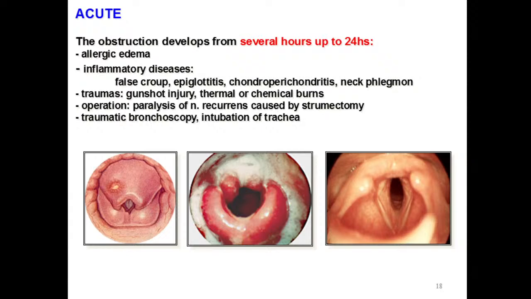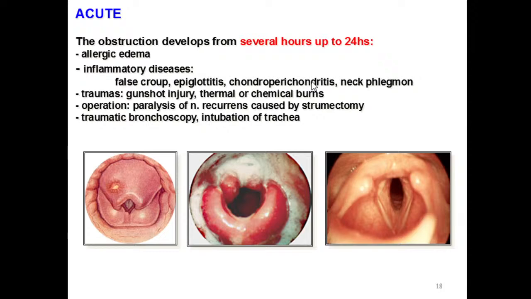The doctor examined him, saw nothing interesting, and this patient went home. After a few hours, he returned to us with severe stenosis. In this case, stenosis can develop firstly due to post-traumatic edema of soft tissues, and secondly due to forming of a hematoma of the larynx.